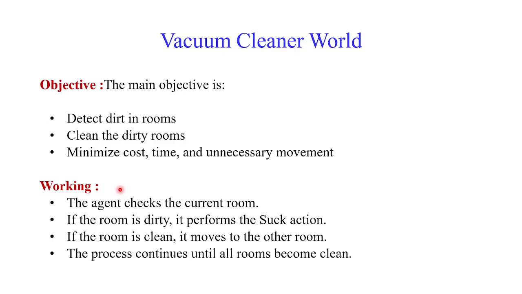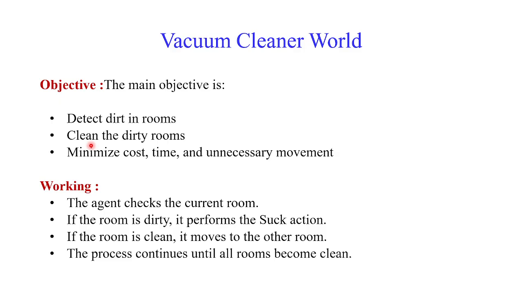So the main objective of the vacuum agent has three parts. We'll understand how the agent actually works, what its real decision making logic is and what its objective is. That's what we're going to discuss here. The objective is to detect dirt in the room. The agent must be able to sense whether the current room is clean or dirty.